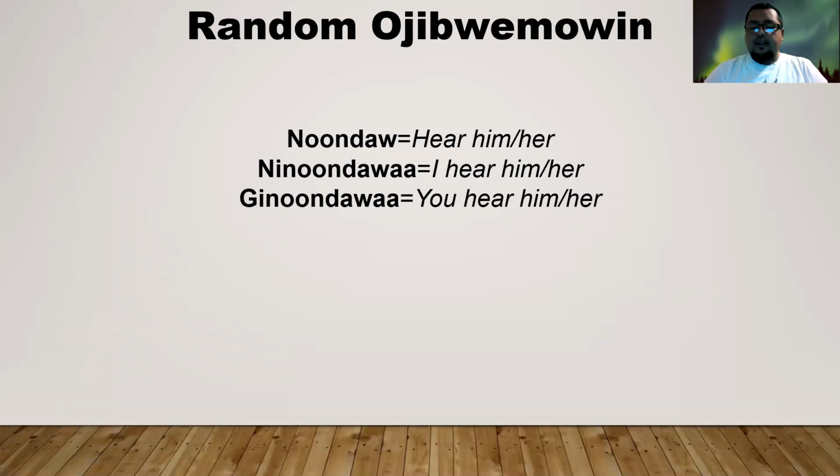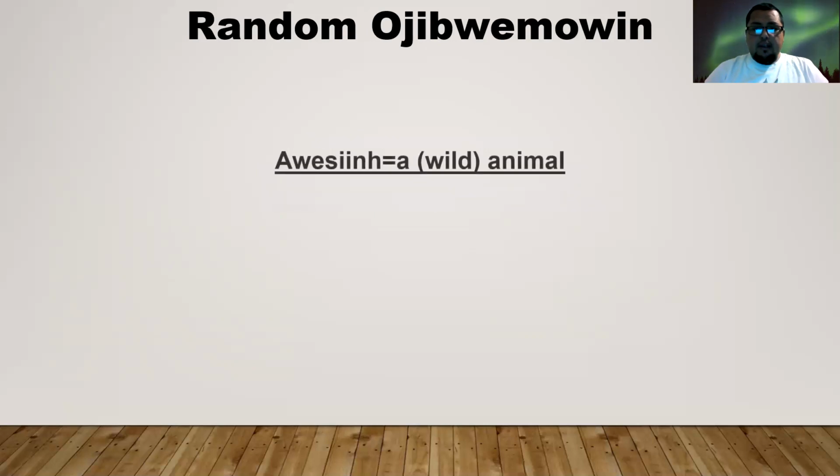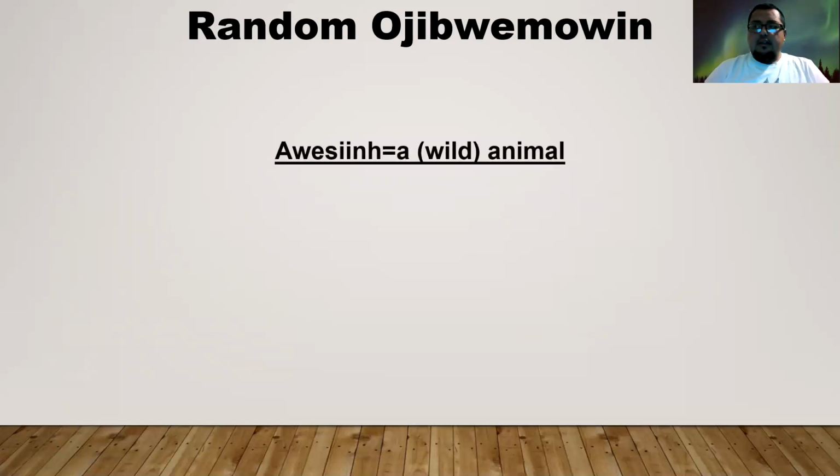And we're going to see examples of how to use that in a sentence. So here we go. We're going to use animals to describe things that we hear and what our animals are going to do. So in Ojibwemowin, the word for a wild animal is awesi.